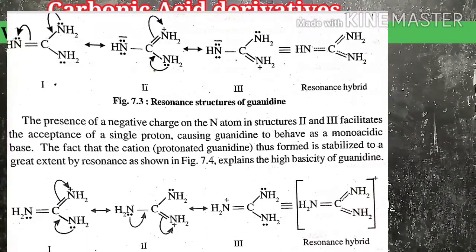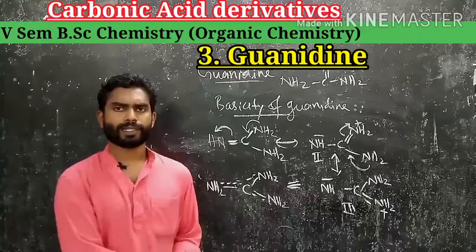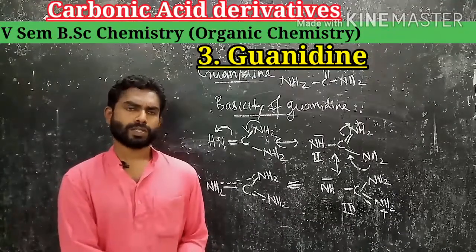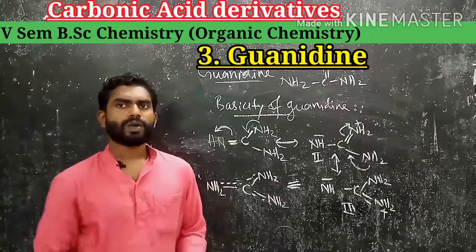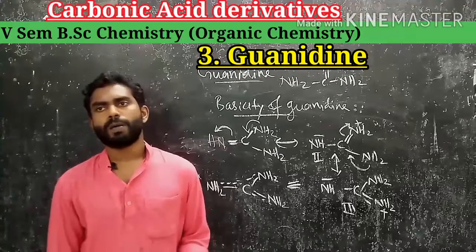The protonated guanidine cation thus formed is stabilized to a great extent by resonating structures. So, this is the resonating structure where it is stabilized. This is guanidine accepting a proton in the resonating structures.